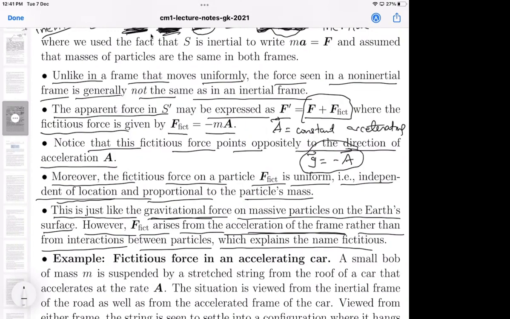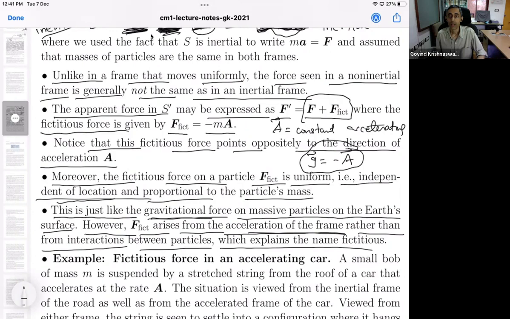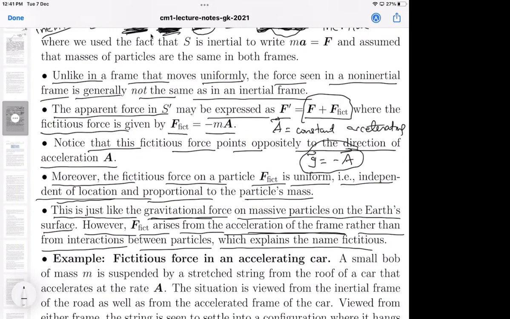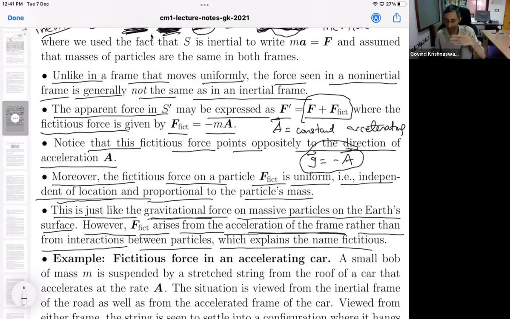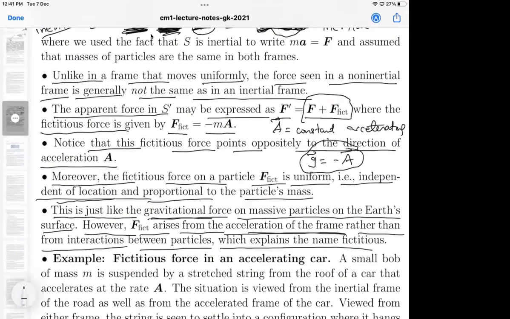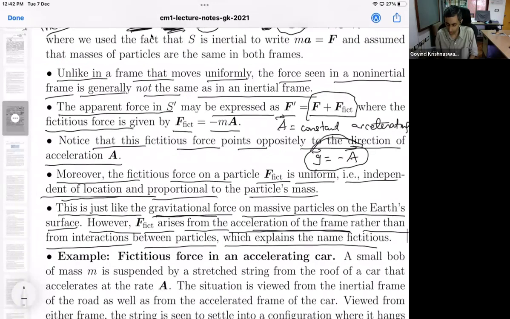You pointed out that this fictitious force sounds a bit like the gravitational force, but the fictitious force is opposite to the acceleration, whereas the gravitational force is in the direction of the acceleration. Yes, there is that difference if you want to view it that way. There is a sign difference, so to speak. So we have to think of it in this manner. So that is accepted.